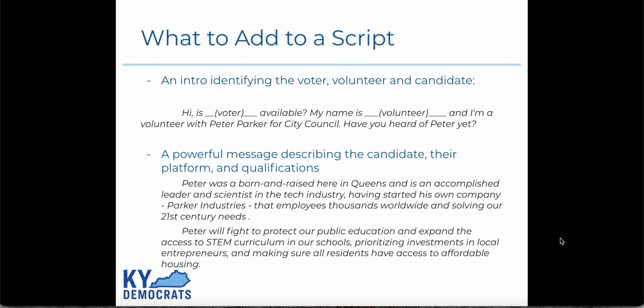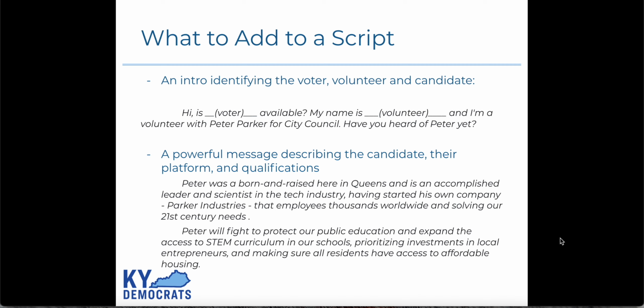With that, we're making sure we're identifying who the voter specifically is. That way we can mark them as not home or refused, moved. If you were talking to Mary Jane and she said yes, you could go on with the rest of the script.